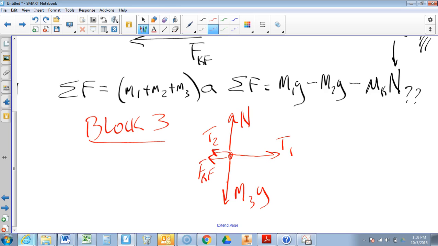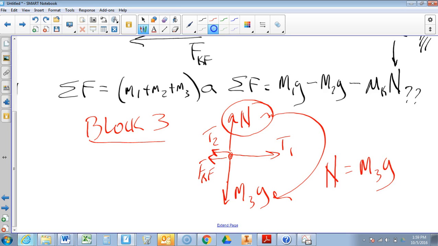But what I'm most interested in here is this. Vertically speaking, that block is in equilibrium. To the left and right, all hell's breaking loose and it's accelerating, right? But vertically, this and this are the same, right? So the normal force in magnitude is equal to M3G.